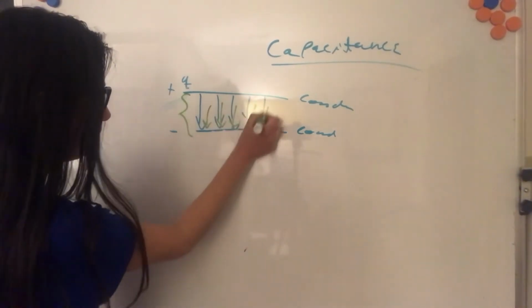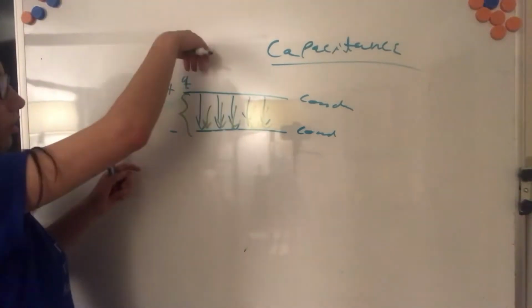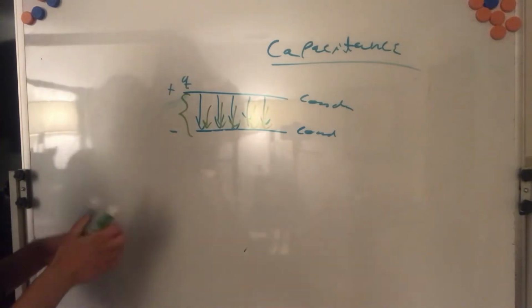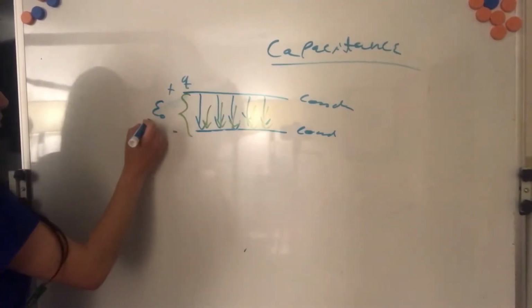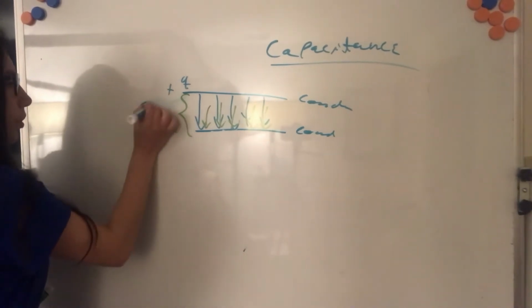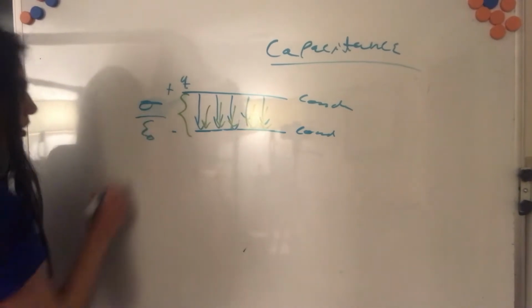The electric field lines go towards the negative charge and away from the positive charges. So the electric field here is sigma, the surface charge density, divided by epsilon naught.